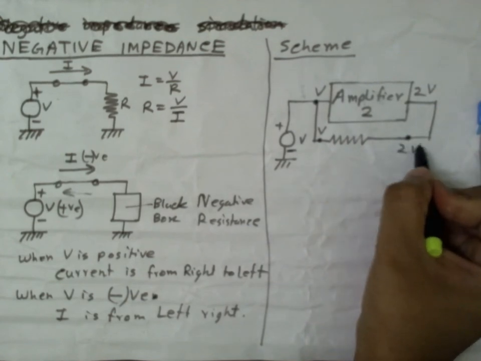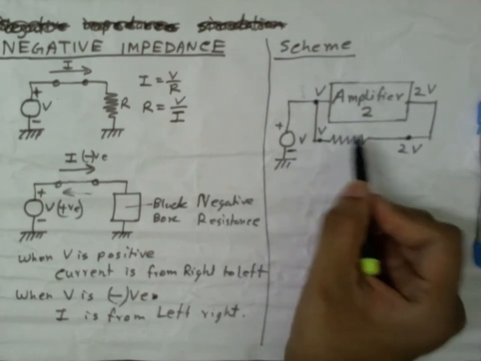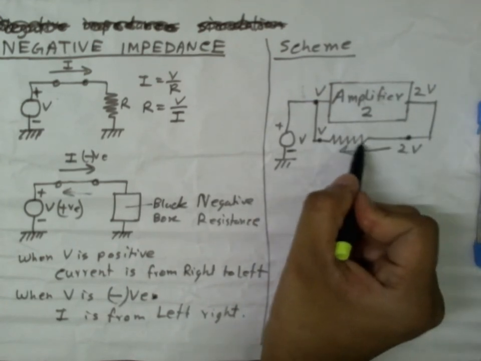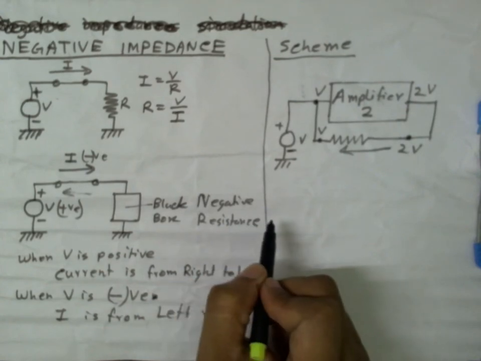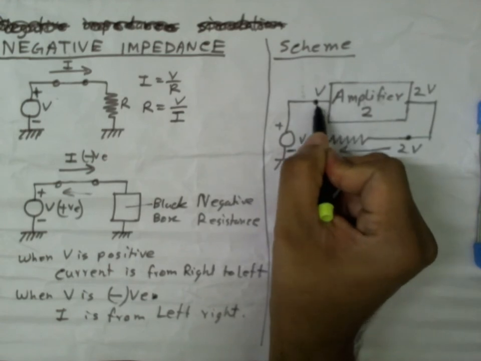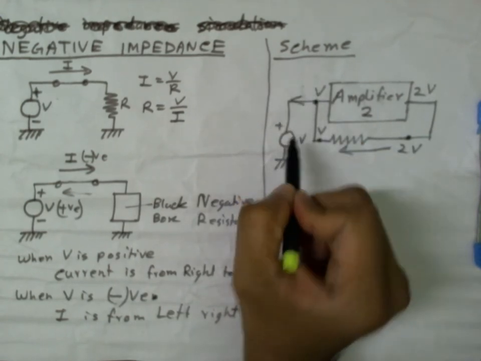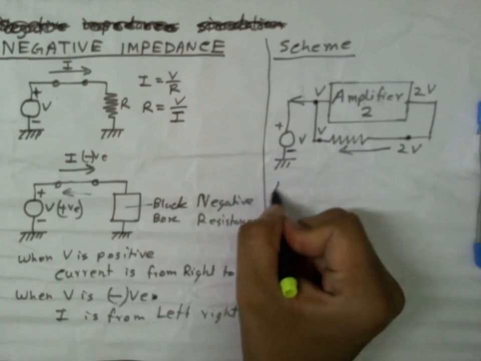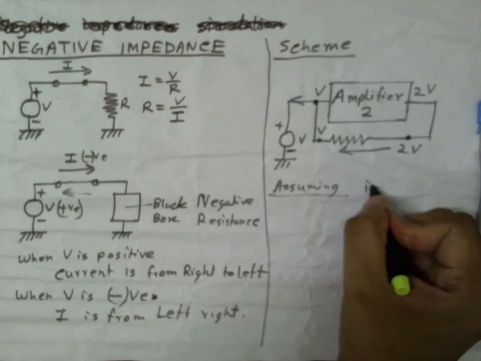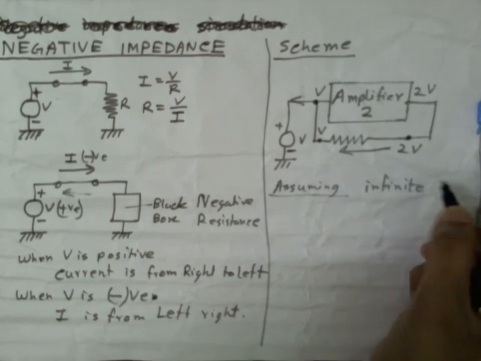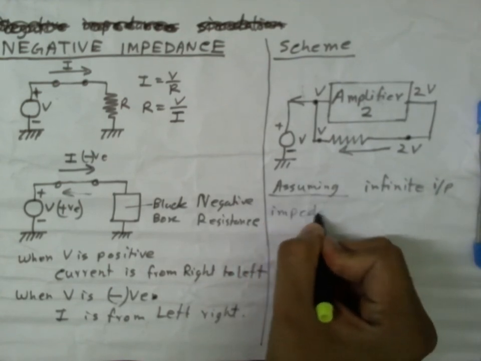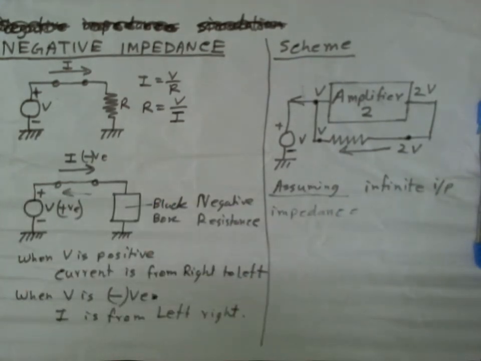Therefore I have 2V here and V here, so definitely the current must flow from right to left in this resistance, and this current will come through this branch and come like this, assuming infinite input impedance for the amplifier.